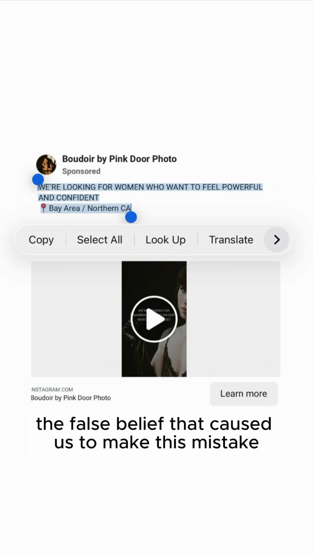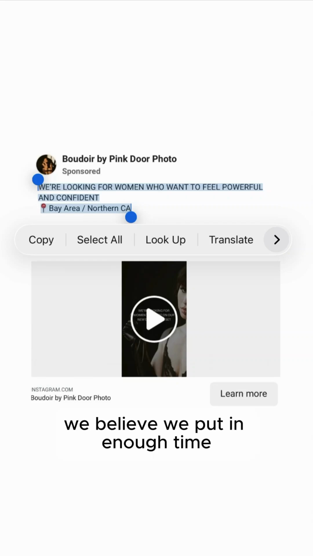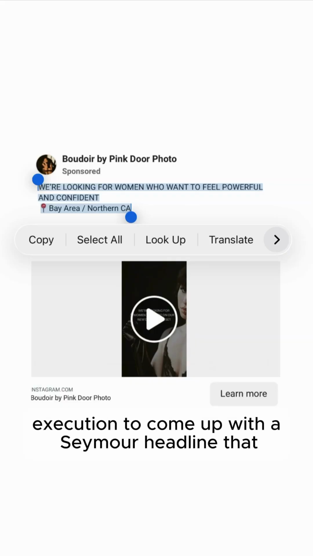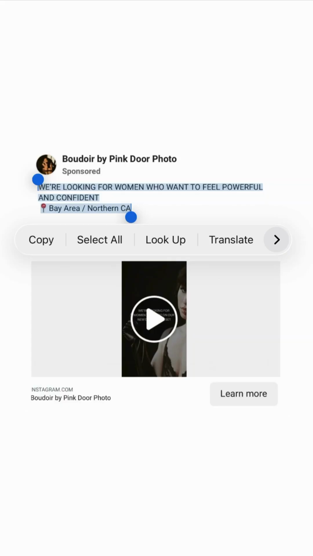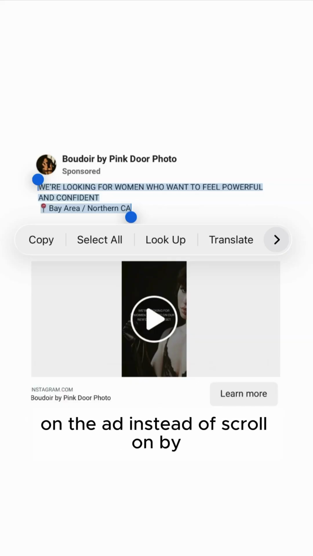The false belief that caused us to make this mistake is that we believe we put in enough time and enough planning and execution to come up with a See More headline that will have women stay and click in, click somewhere on the ad instead of scroll on by.